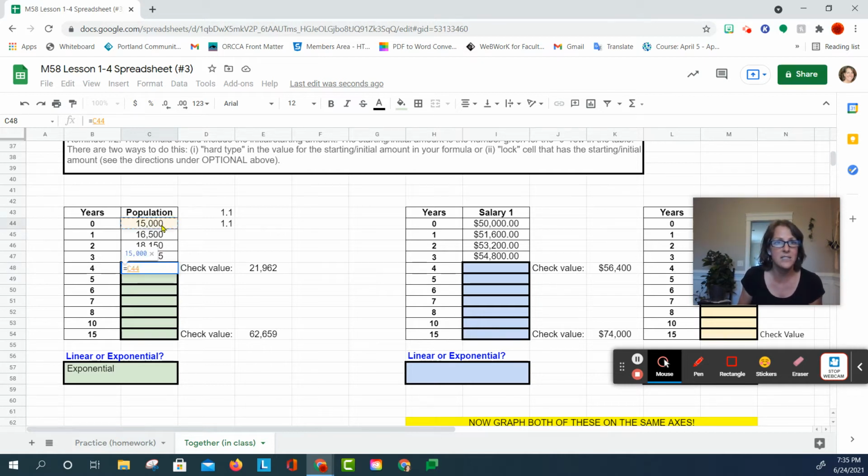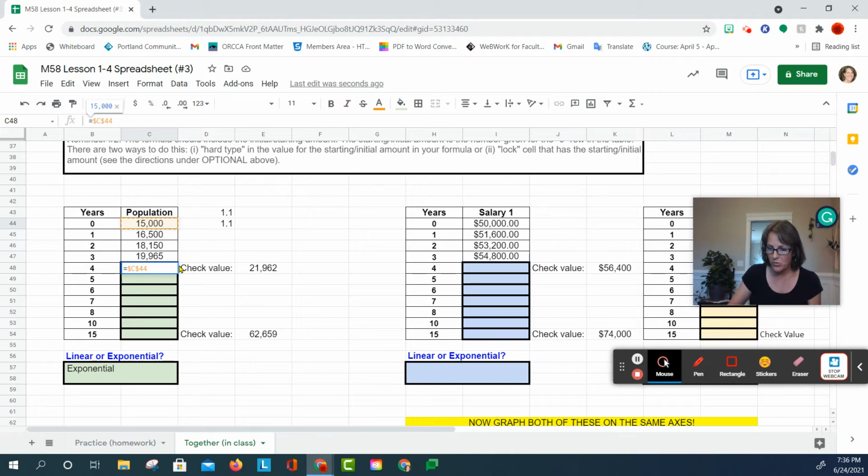So if I click on cell C44, I'll have to add a $ sign to the C and a $ sign to the 4. This tells the spreadsheet to lock the row as well as lock the column. So $C$44. That says I want to always come back to 15,000. That's my beginning amount. Or I could type in 15,000 and it wouldn't change.